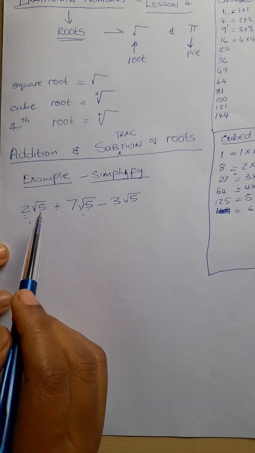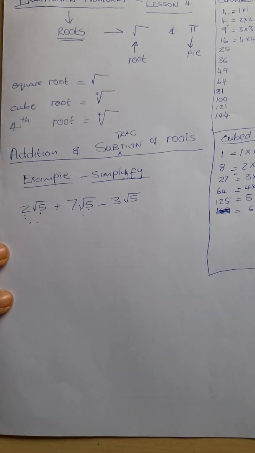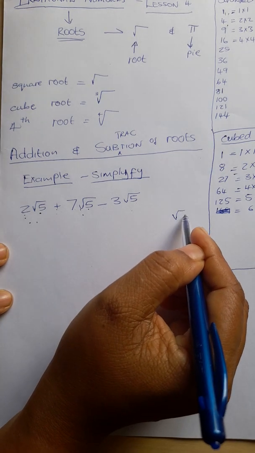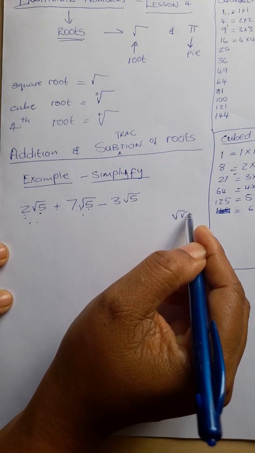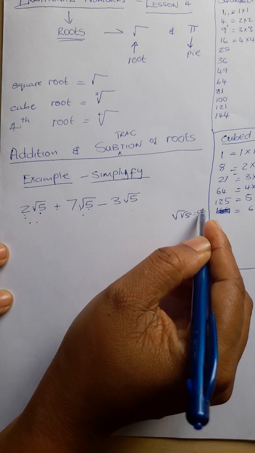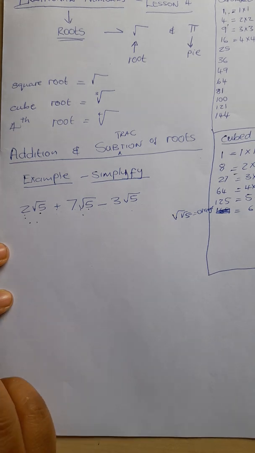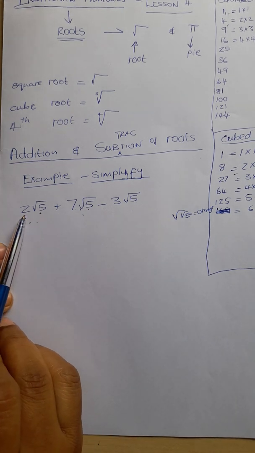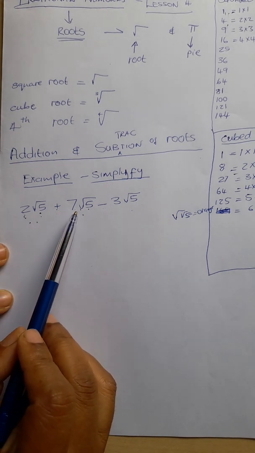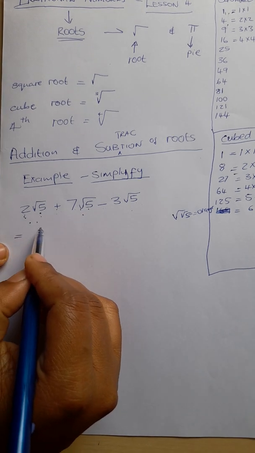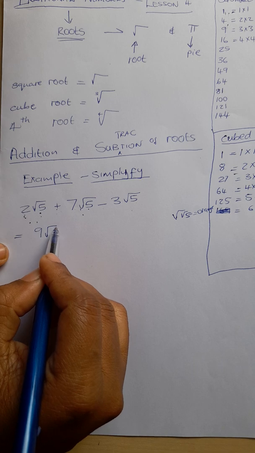Just to make your life simple, let's assume that square root of 5 was an orange. So I've got 2 oranges plus 7 oranges. That gives me what? 9 oranges.